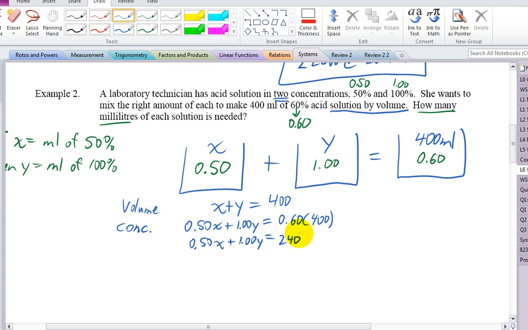Okay. What we should do is get rid of our decimals. What can we multiply by to get rid of our decimals? 2 decimal places? 100. So we had 50x plus 100y equals 24000. Okay. What should we do to the top equation so we can eliminate?